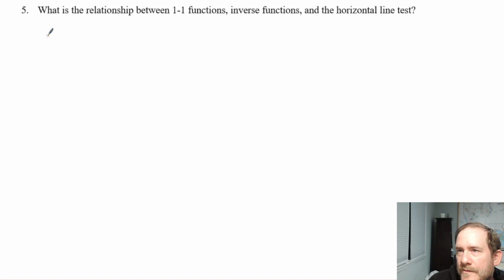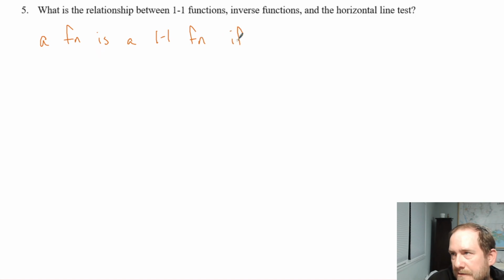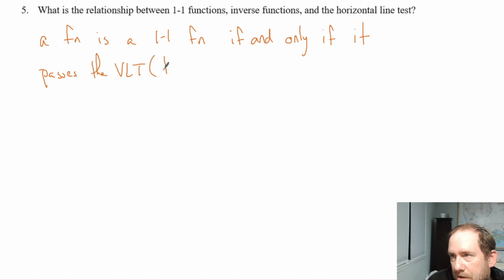I guess we would say something like a function is a one-to-one function if and only if it passes the vertical line test to be a function and the horizontal line test to be one-to-one.